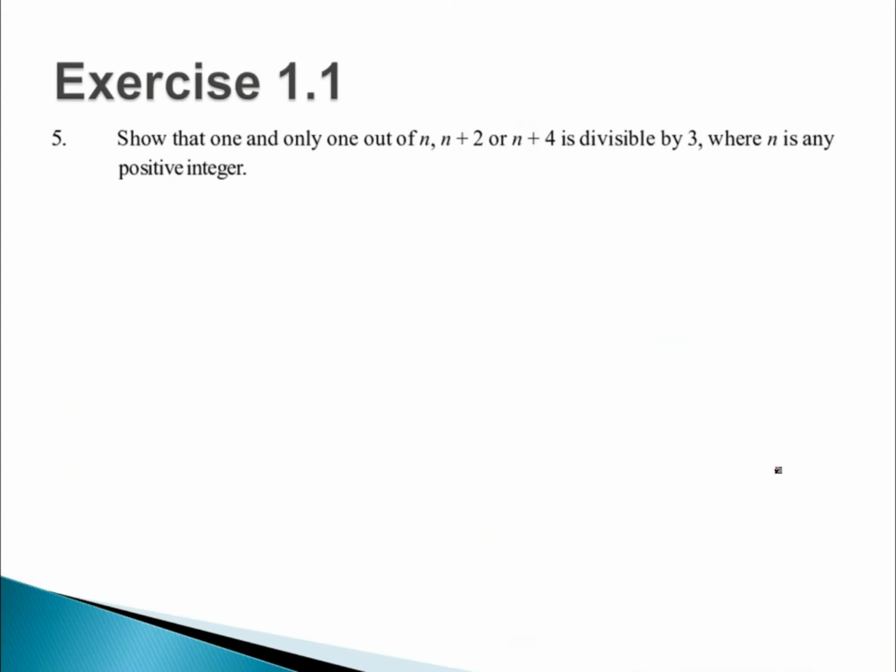I think this is the last sum of the exercise. Show that only one and only one out of these numbers is divisible by 3. So you are having 3 different cases here. Let me divide as case number 1.